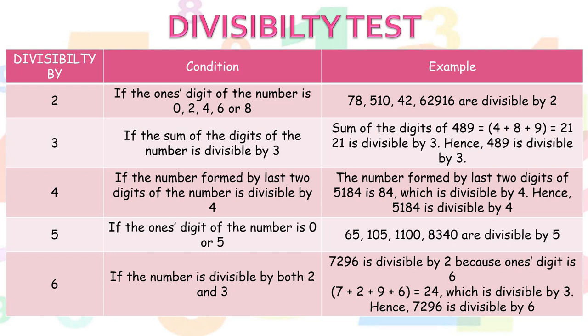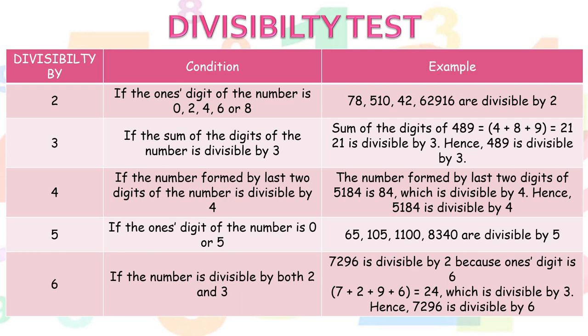Divisibility by 5 is very easy. If the ones digit of the number is 0 or 5, then you can be very sure that the number is divisible by 5. Next, if the number is divisible by both 2 and 3, then the number is divisible by 6.